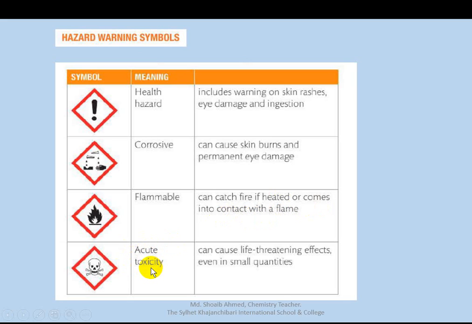This symbol is toxic. Toxicity means poisonous; it can cause life-threatening effects even in small quantities.